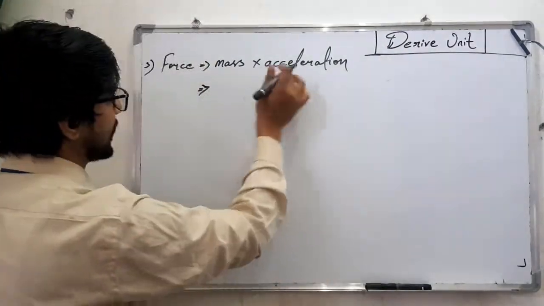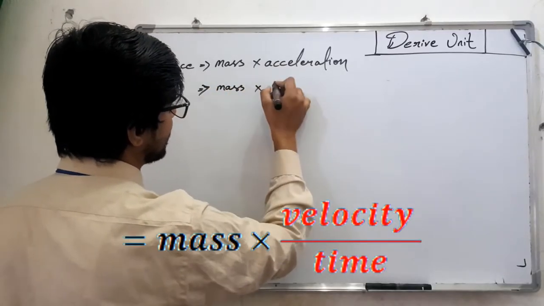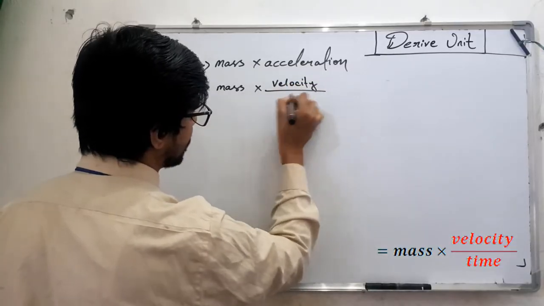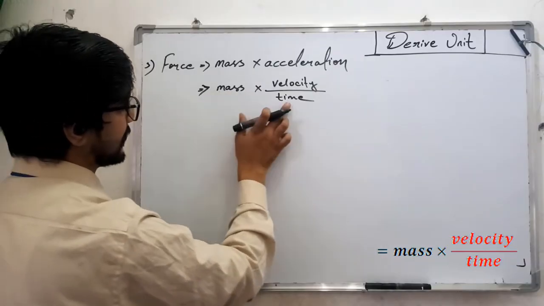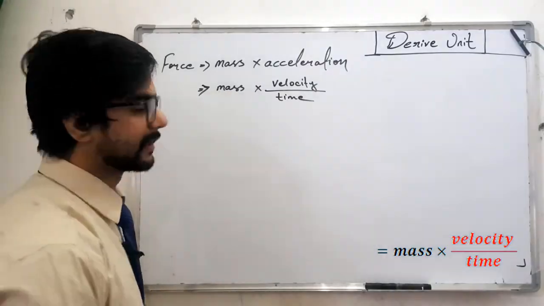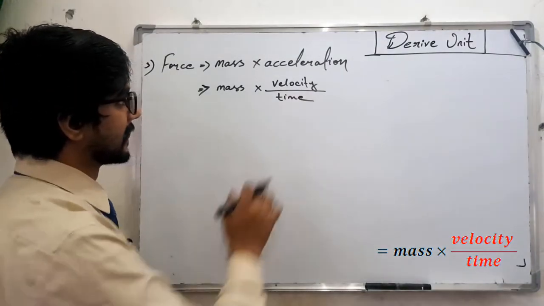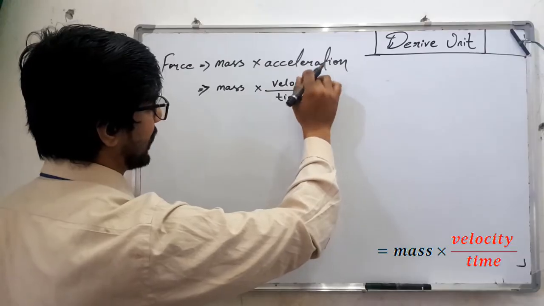So let's change it, keeping mass the same. Acceleration means velocity by time. Now again, mass and time are in fundamental terms, but velocity is in derived terms. So furthermore we need to change the velocity.